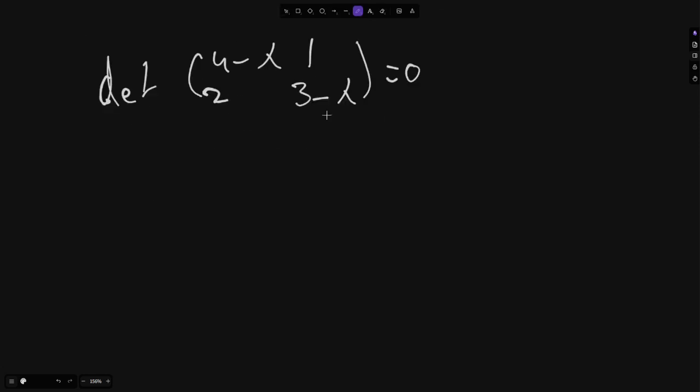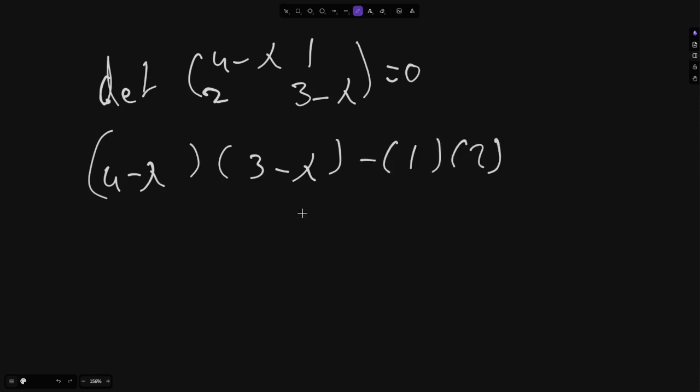So now we want to find the eigenvalues. It is 4 minus lambda times 3 minus lambda minus 1 times 2.